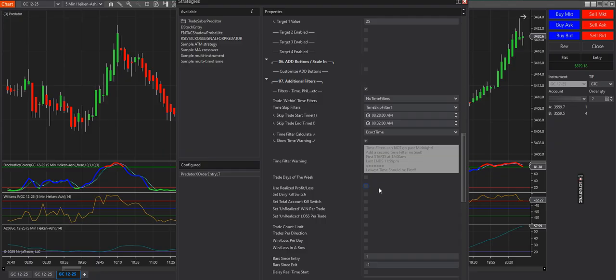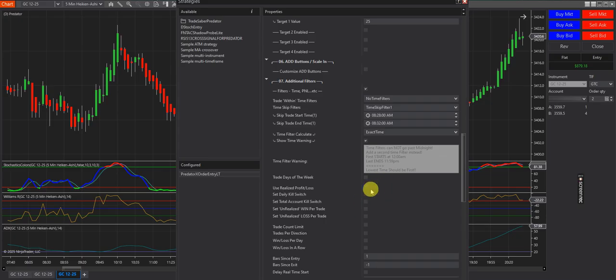Whether you're trading semi or automated, you want to avoid overtrading, right? Because if you keep trading, at some point price is going to go against you and you're going to lose all that profit you just made. So you want to set a daily profit target. My daily profit target is like $500 for the day, right? Once I reach my $500 daily profit, then this ATM, the Predator, will shut down.